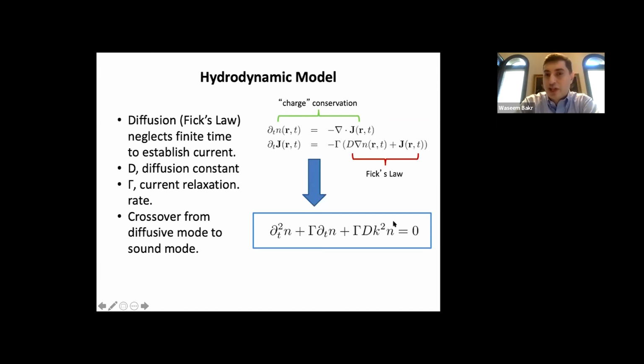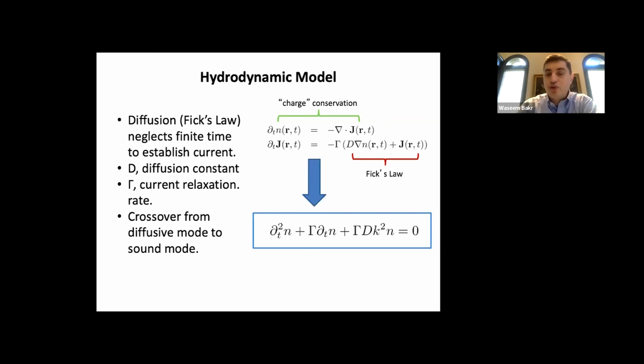It's just a second order differential equation for a harmonic oscillator, where we're replacing the position with the density essentially. So the damping rate is gamma, and here's where you would normally have omega naught squared, the natural frequency squared. That's just gamma D k squared, where k is the wave vector of the modulation we're imprinting.